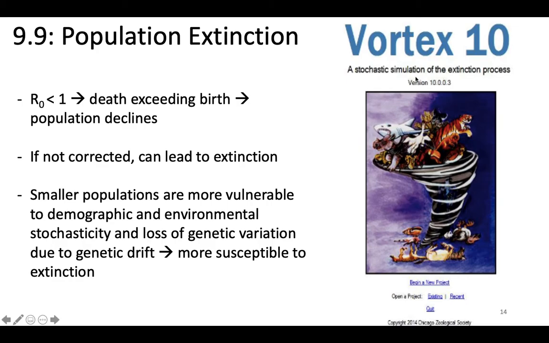So actually you can see in the Vortex that's here, it's mostly large charismatic megafauna that you use this program for. But this is just one example of how you can use these probabilistic models and all of the growth models that we talked about earlier to help save and protect endangered species.